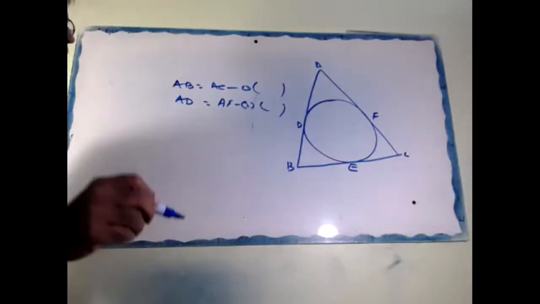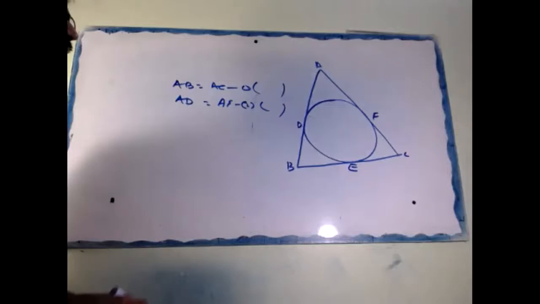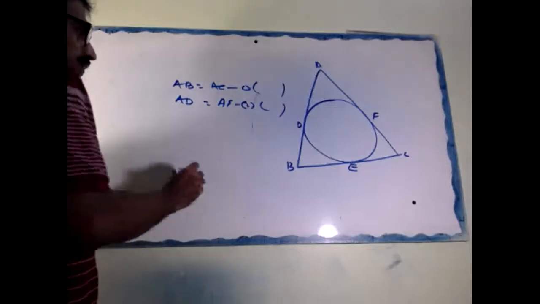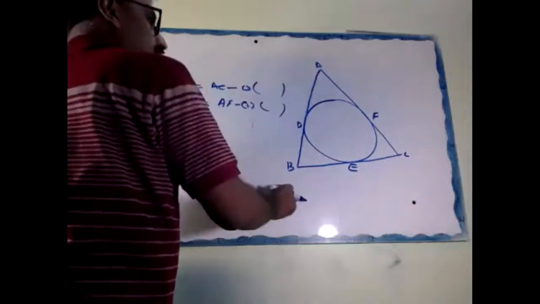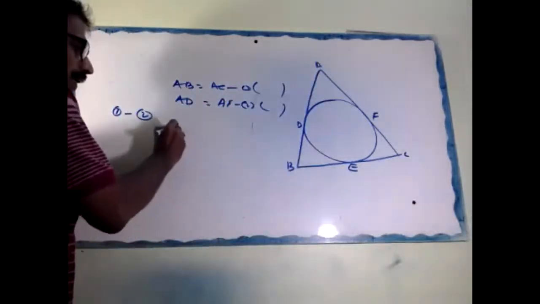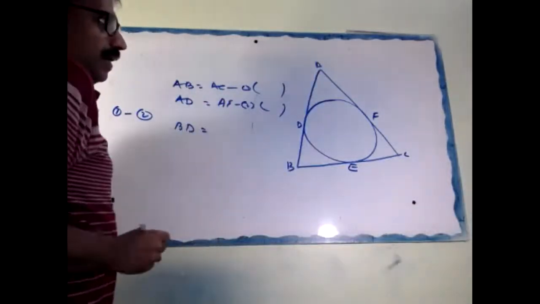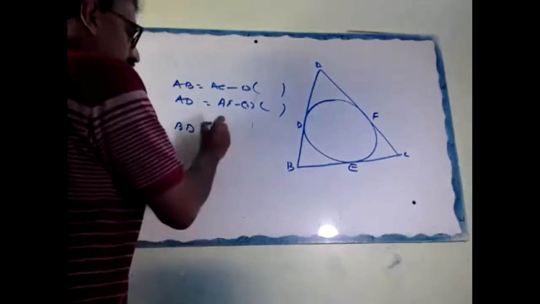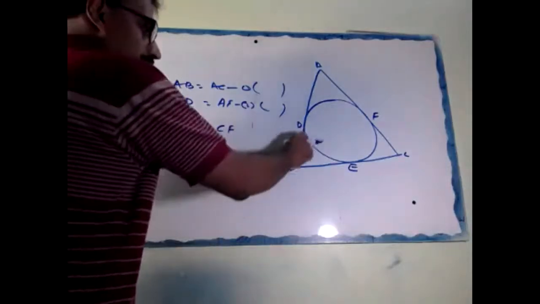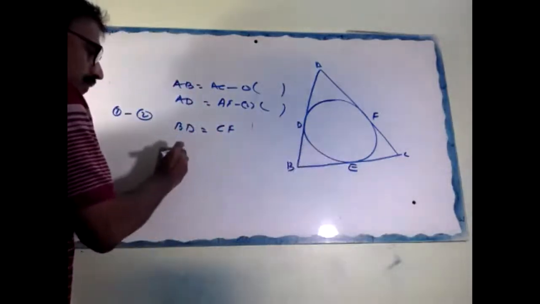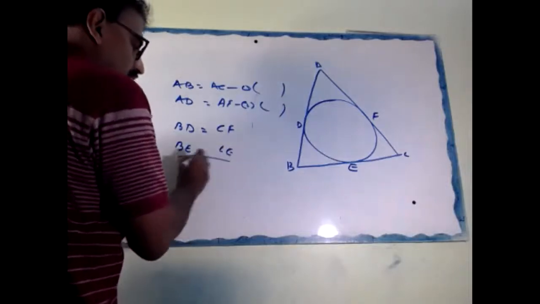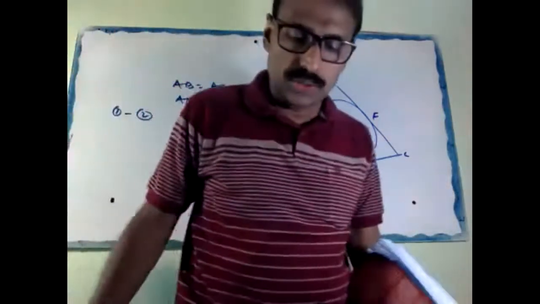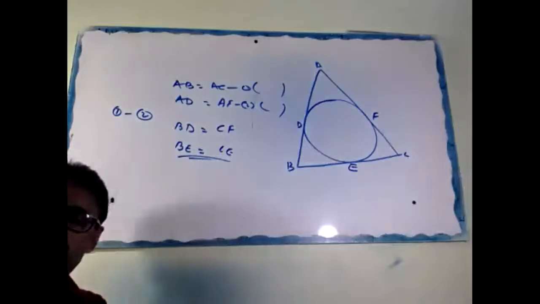Reason: tangents from an external point are equal. 1 minus 2: AB minus AD equal to BD, AC minus AF equal to CF. But BD equal to BE, CF equal to CE. Don't answer like this. I'll give a note.